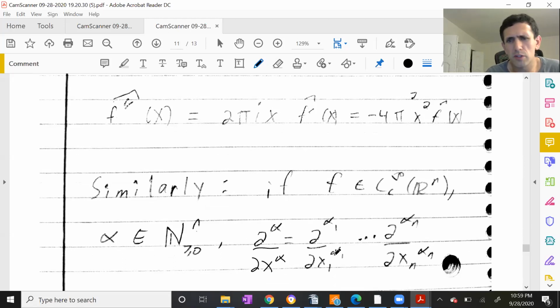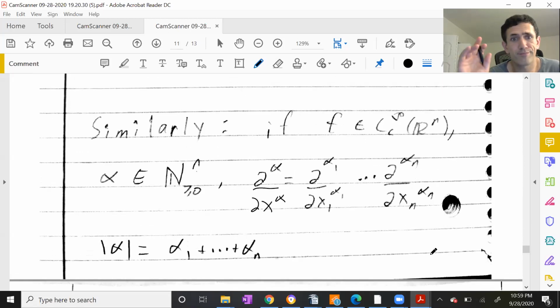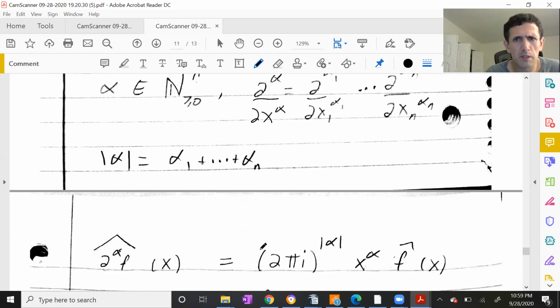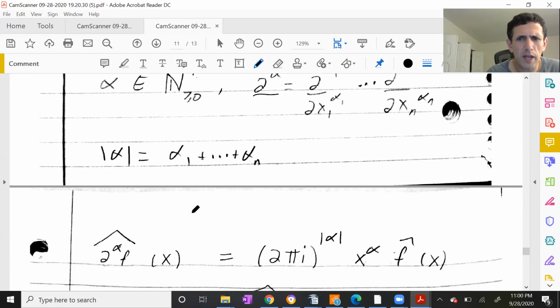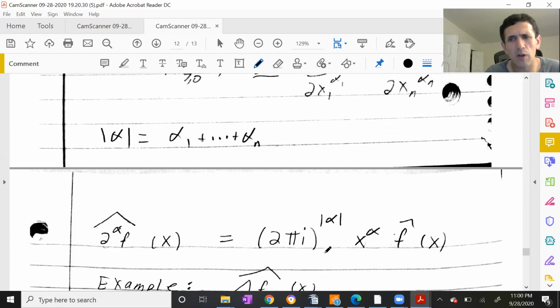So you're going to just do the x1 derivative alpha 1 times, x2 derivative alpha 2 times, all the way to the xn derivative alpha n times, and define the norm of alpha, so to speak, to be alpha 1 plus through alpha n. Add all these up. But anyway, the same kind of argument gives me that the Fourier transform of this partial derivative operator is going to be 2 pi i to the norm of alpha, x to the alpha, f hat.